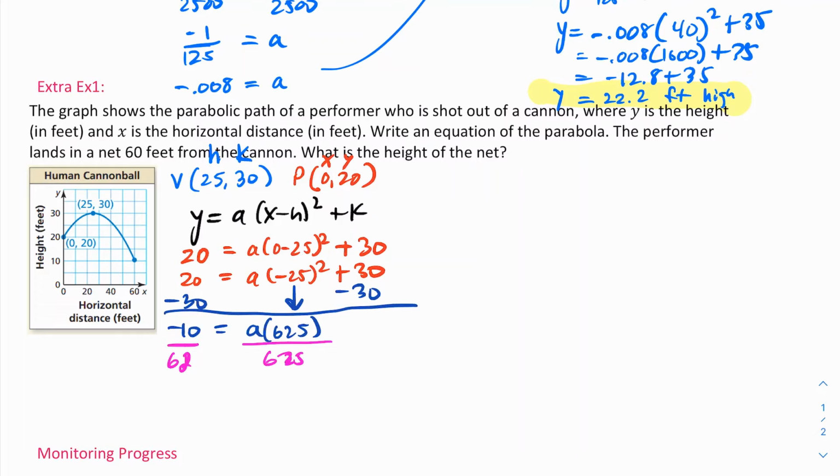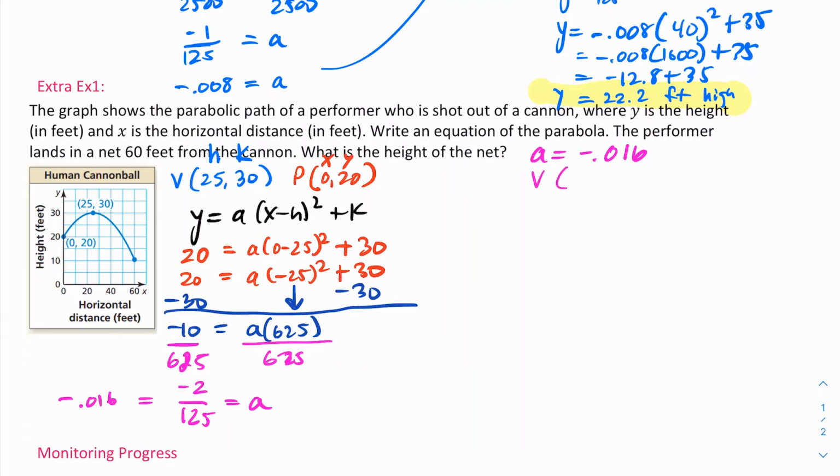And you will get negative 2 over 125. Okay, and if you wanted to, you can also say that that is negative 0.016. So my a value is negative 0.016. My vertex is, we already wrote that down, (25, 30).